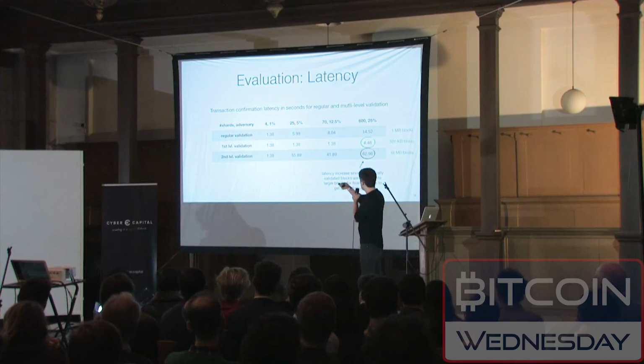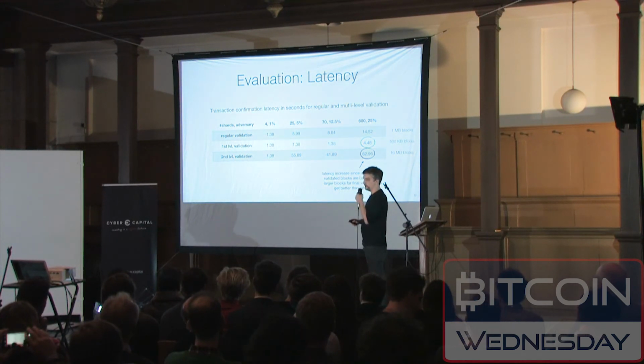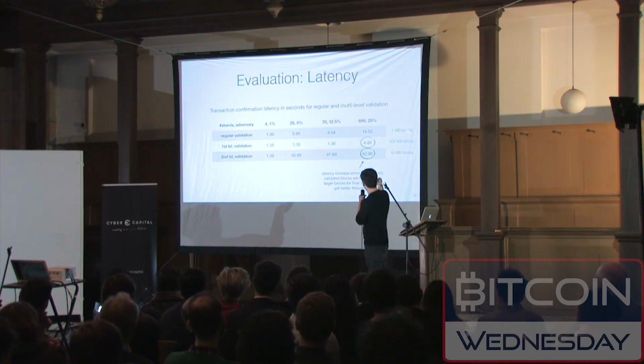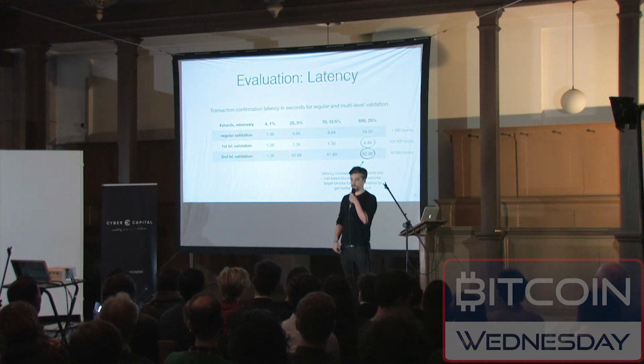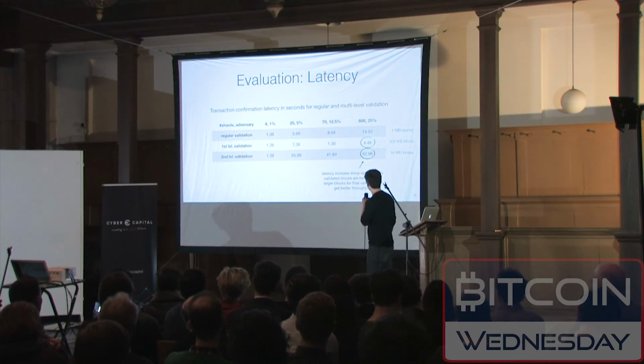And for example, when you just take a regular validation, and for a shard size of 600 nodes and 25% adversary, then we achieve roughly with 1 megabyte blocks 14 seconds transaction confirmation. So that's very far away from what Bitcoin is currently doing with at least 10 minutes, but between 10 minutes and 1 hour. So here we have 14 seconds.